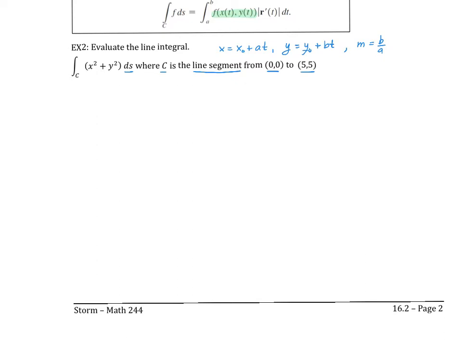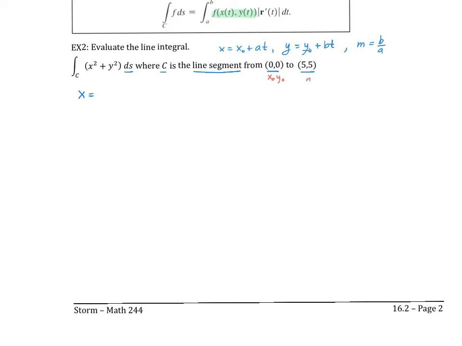So all I have to do is find this parametric representation of my x value and my y value. My starting point 0, 0 would be my x sub 0, y sub 0. So x is going to be equal to 0 plus, well, what's the slope? I'm going from the point 0, 0 to 5, 5.